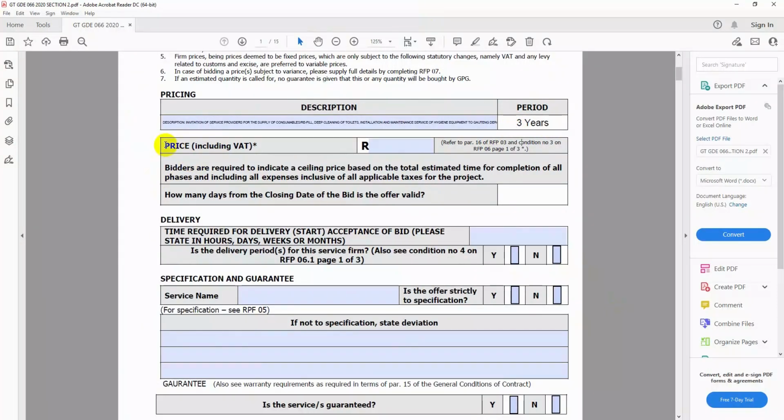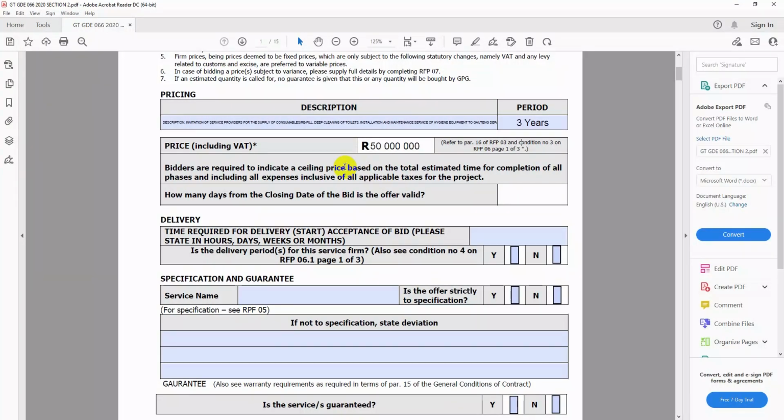So now, and here the price including VAT. Now this is the most important part. They are saying to you, refer to paragraph 16 of RFP 03 and condition number 3 on RFP 06 of 1 of 3. So you cannot just get this section and think, okay, Ivy said their budget is for 80-20, it won't exceed 50 million, and decide to write 50 million there.